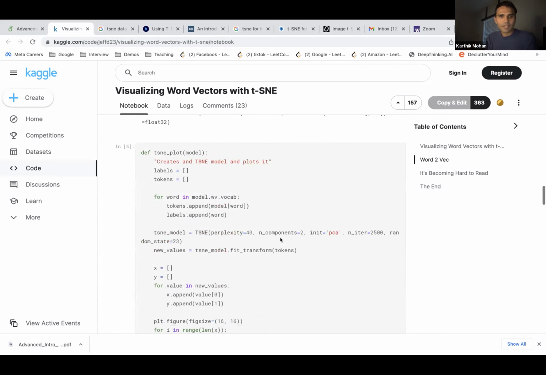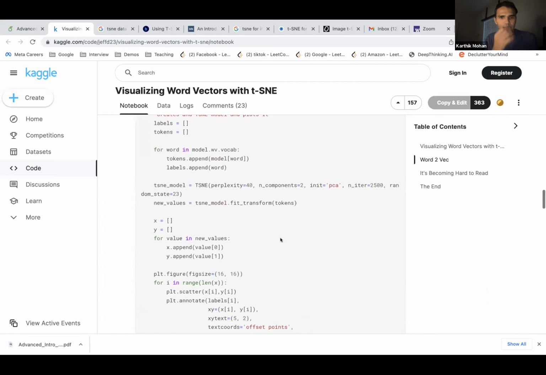Okay, so then you also have t-SNE plots. As we said, t-SNE can embed in any dimension, but typically 2 dimensions for visualization. You can see here, n_components is 2, meaning you are taking this 100 dimensional vector, which is what you start off with for the words, and putting it down to 2 dimensions, right? And there are some other hyperparameters like number of iterations, random state, and perplexity.